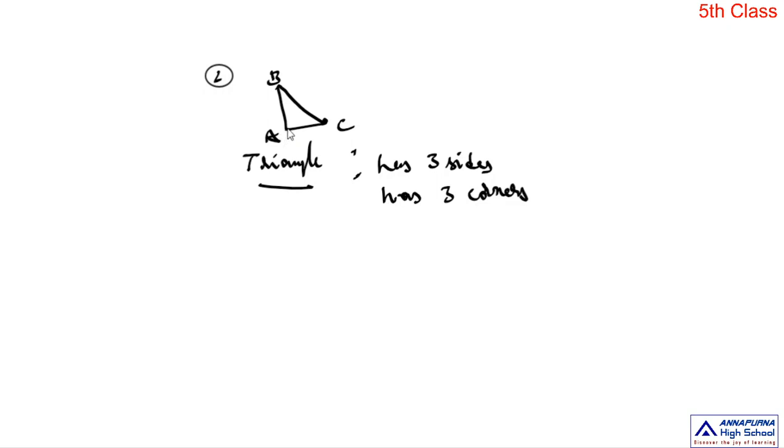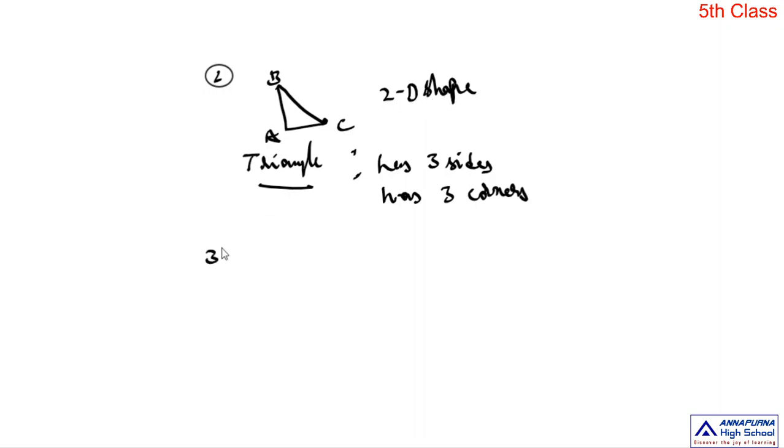The three corners are A, B, C. These corners are also called vertices. The plural of vertex is vertices. So this is a 2D shape.